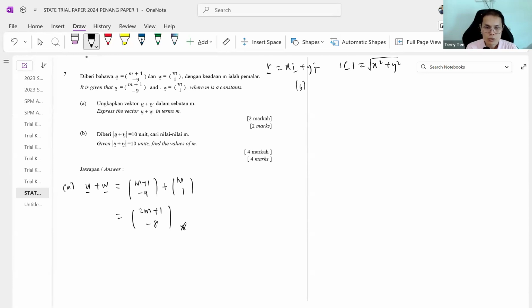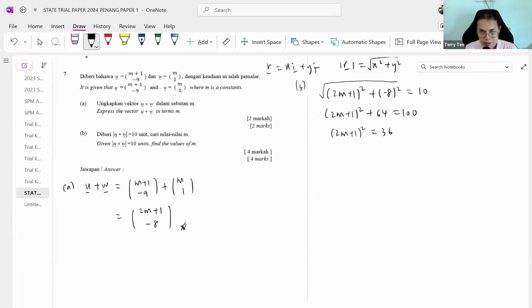So you take your 2m plus 1, you square it, take -8, you square it, take the square root, and the result equals 10. Now I'm going to square both sides. Your (2m plus 1) squared, 8 squared is 64, 10 squared is 100. Let us take 100 minus 64, you get 36.